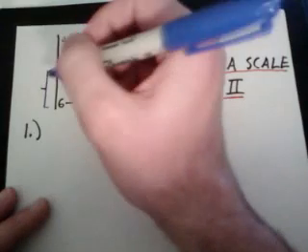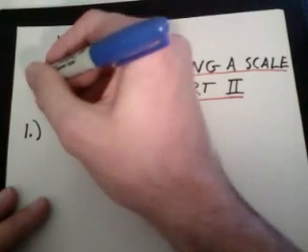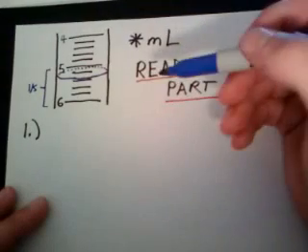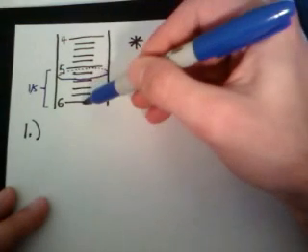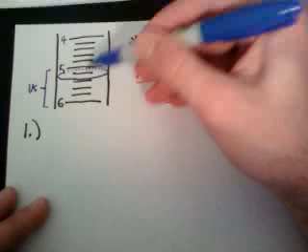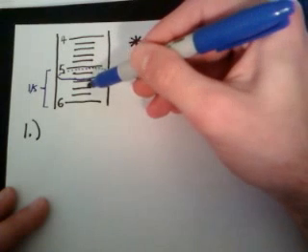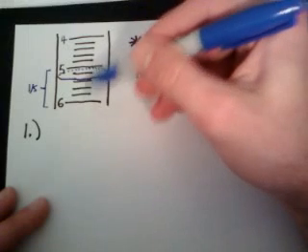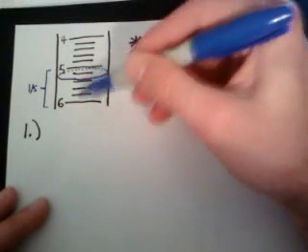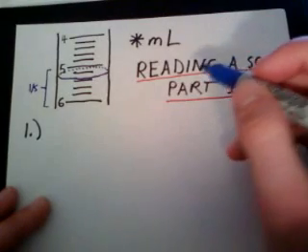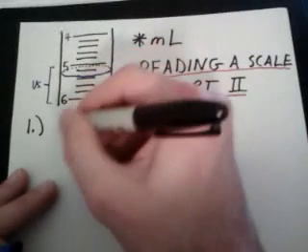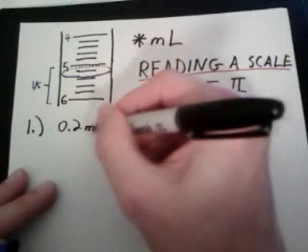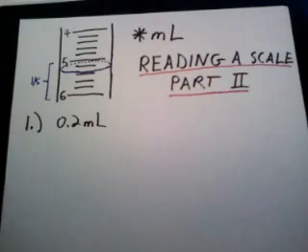But we want 1/5 of that, and the reason why we want 1/5 of that is because there are 5 marks that separate these two marks. Do you see it? 1, 2, 3, 4, 5. So this is actually going in 1/5 increments. And 1/5 of 1 milliliter is going to be 0.2 milliliters. Okay, so that's the distance between two sequential marks.